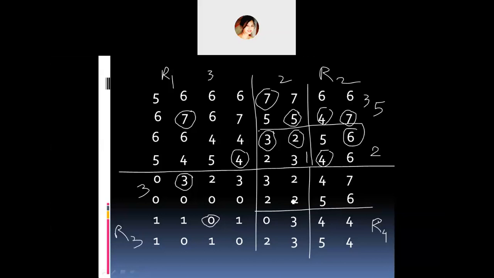Before that, we have to check again. The maximum is 7. First you have to consider the whole region.